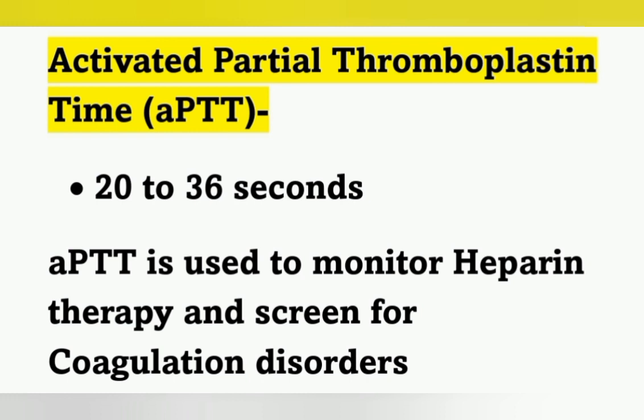Activated partial thromboplastin time is used to monitor heparin therapy and screen for coagulation disorders. So activated partial thromboplastin time is monitored during heparin therapy, and during warfarin therapy we should check the prothrombin time.